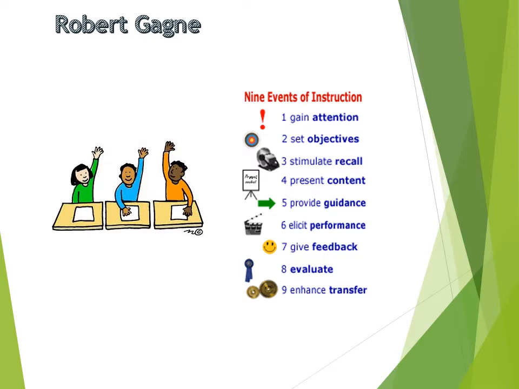So I guess you could call this Gagne's taxonomy of learning. That's what the author Brenda Mergel has called it, and that comes out of our reading for this past week. So gaining attention, setting objectives, stimulating recall, presenting the contents, providing guidance, eliciting performance, giving feedback, evaluating, enhancing the transfer.